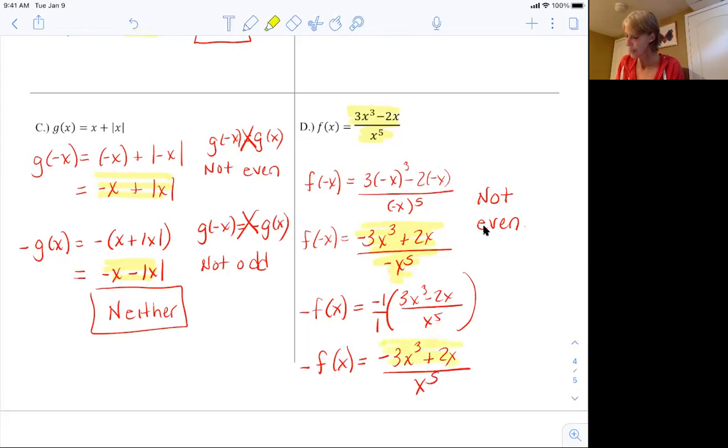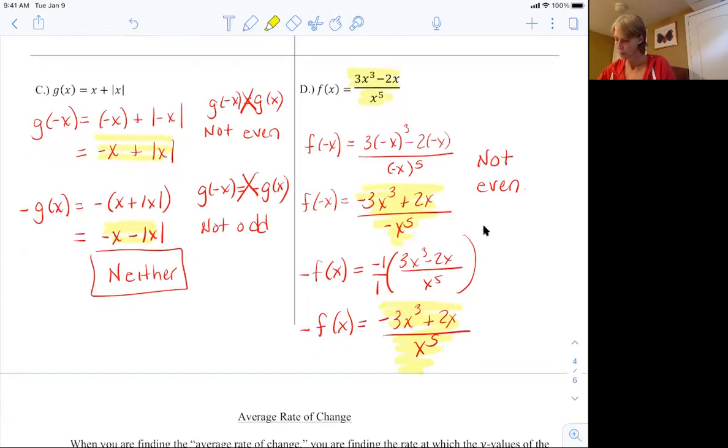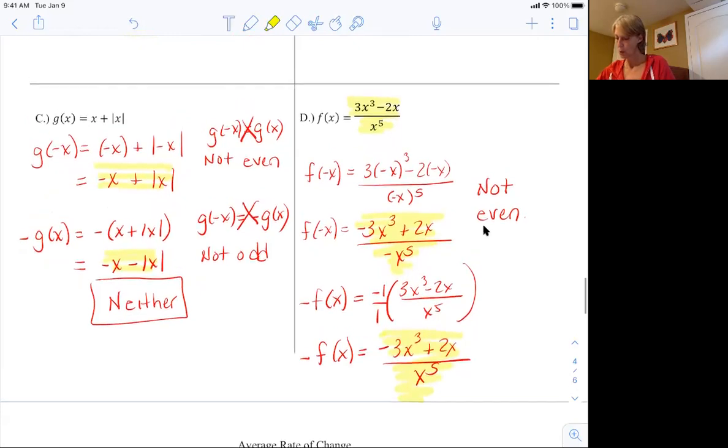Now when I look at my answers here, I feel like I did something wrong with my math because I looked up too much. Negative 3x squared plus 2x, negative x to the fifth. Negative 3x squared plus 2x over x to the fifth.